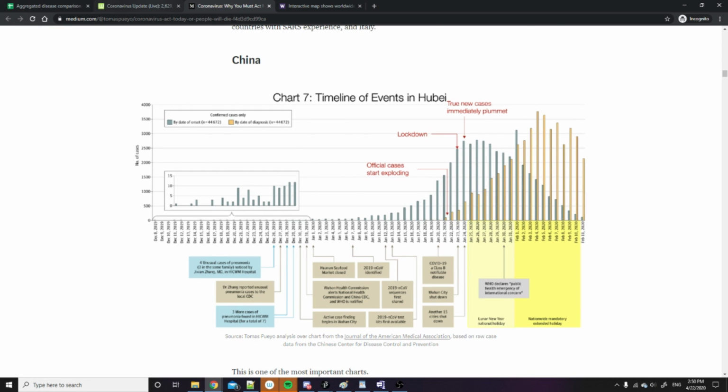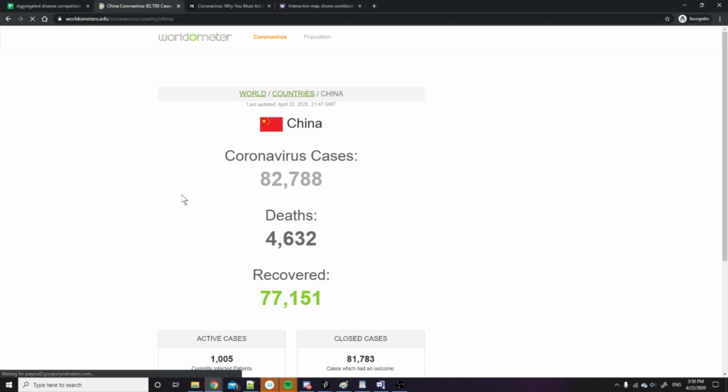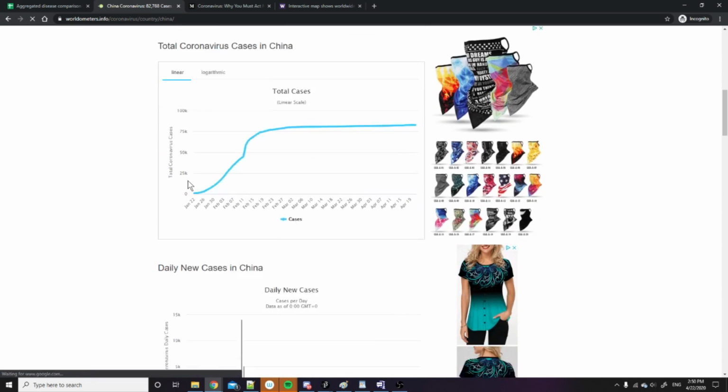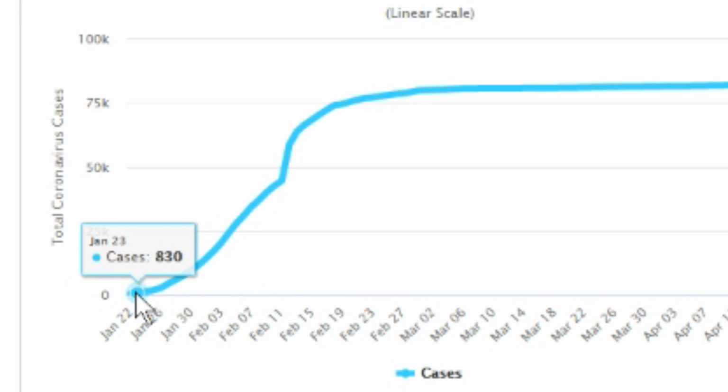Well, a lot of critics will point to China putting the province of Hubei into lockdown on January 23rd as too early of a measure when you consider that the total number of cases at the time in the whole country was less than 1,000, as you can see here.